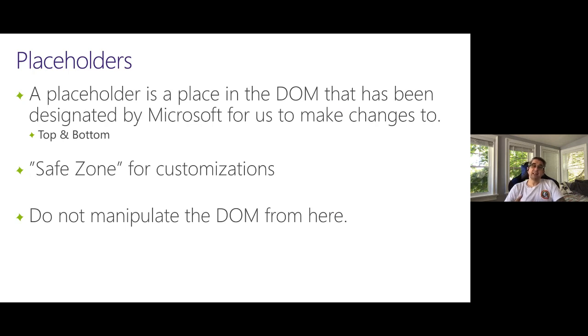Those are really designated as the safe zones for customizations. Microsoft has said, okay, folks, we've got most of the sandbox, but we're going to give you these 2 little spots for you to put your stuff in, and we're not going to change that. Other than a web part, those are our safe zones, our places to put our content.